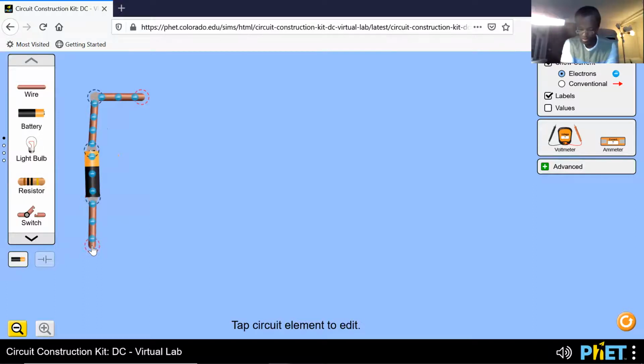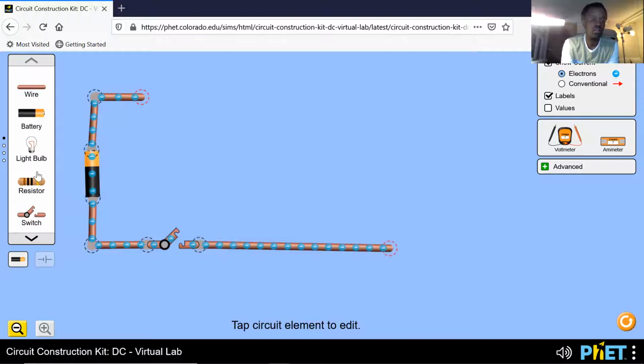And then, of course, I'll need a series circuit. So, some wires. Maybe a switch. Okay. And another wire, this long.